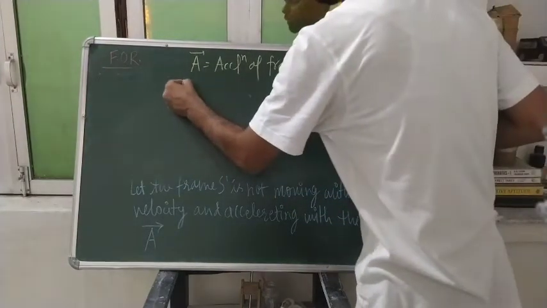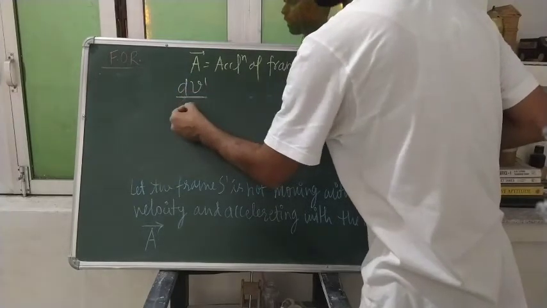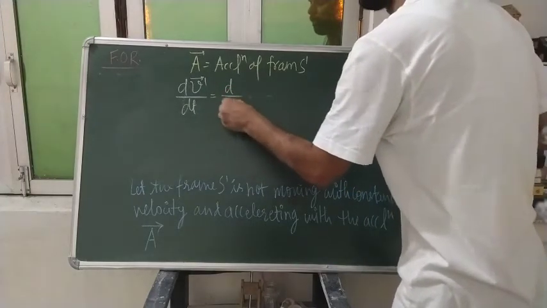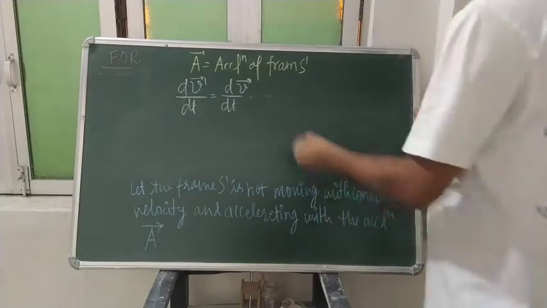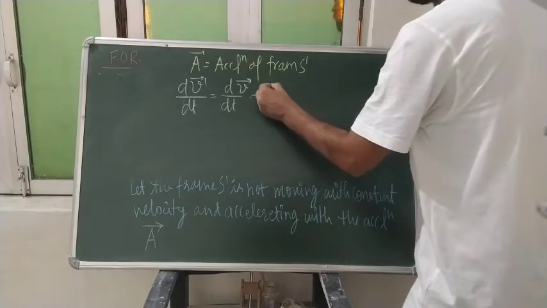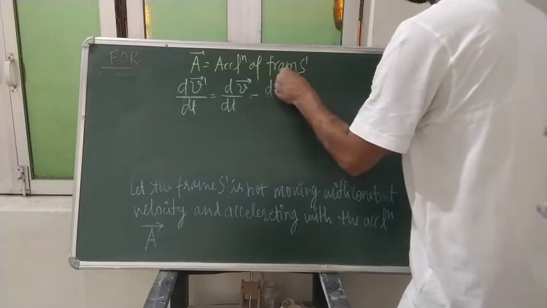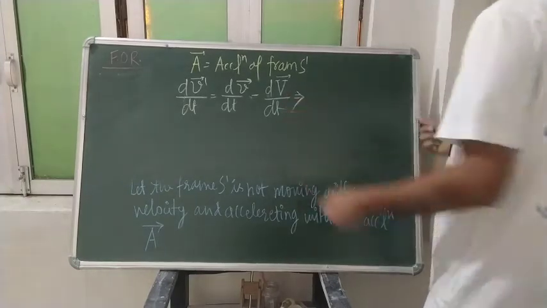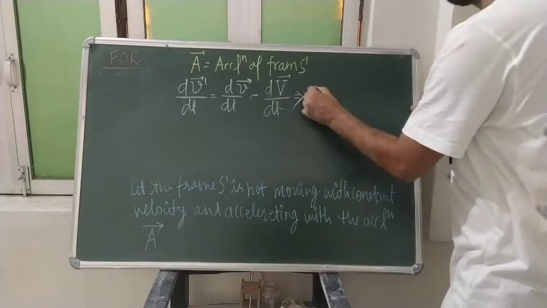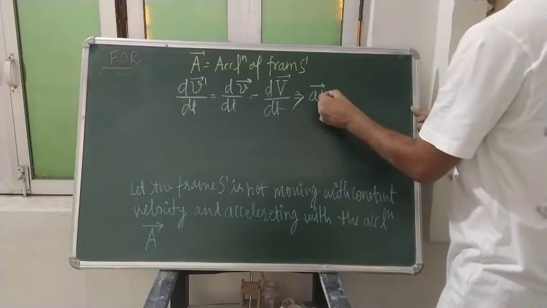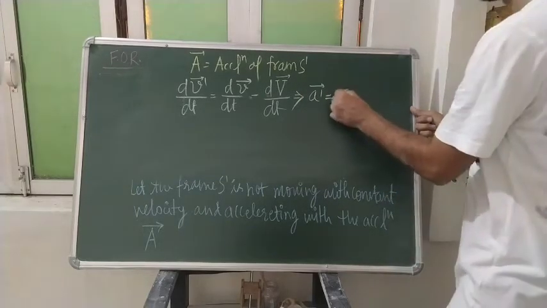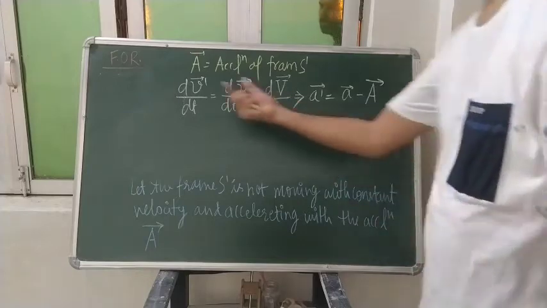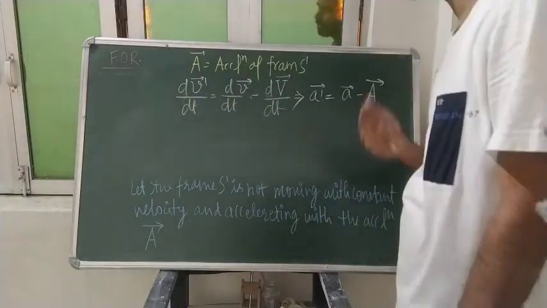So recall that expression which we were getting: del v prime vector with respect to del t, that is d/dt of that small v vector, minus del capital V vector divided by del t. This will become this small a prime vector equal to this small a vector minus that capital A vector. Is it? Change in velocity divided by change in time is acceleration.